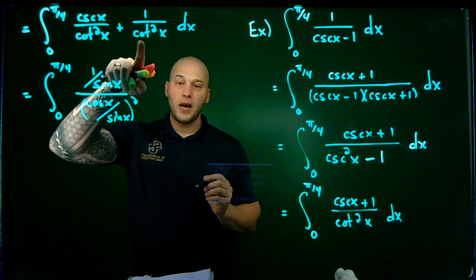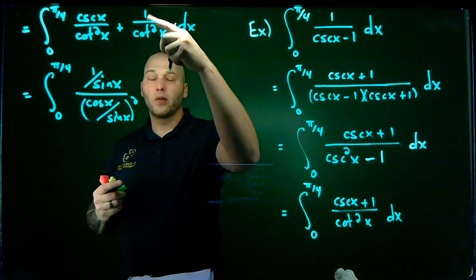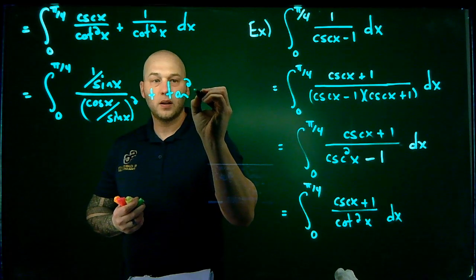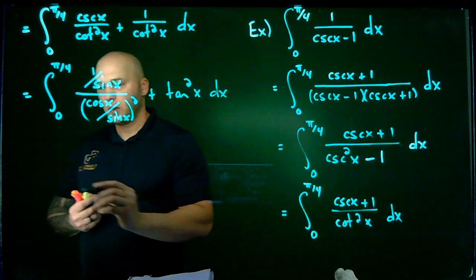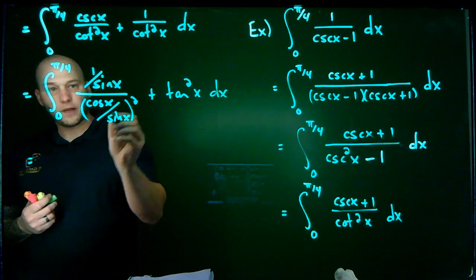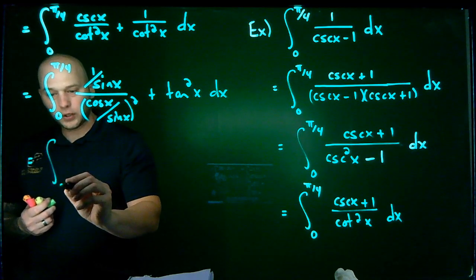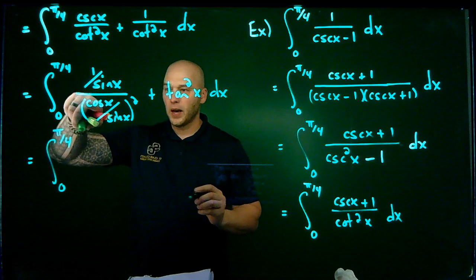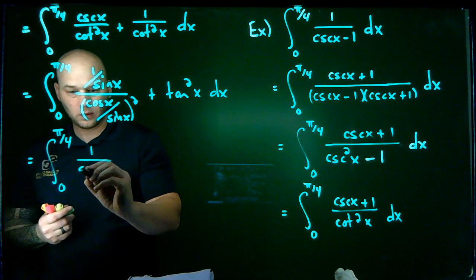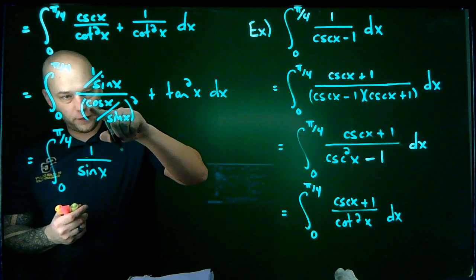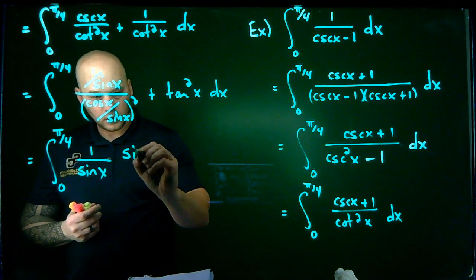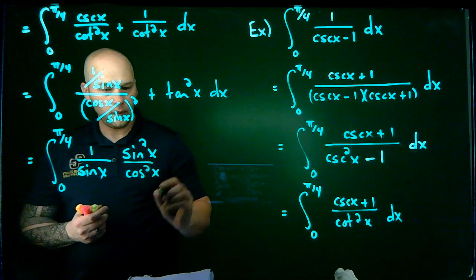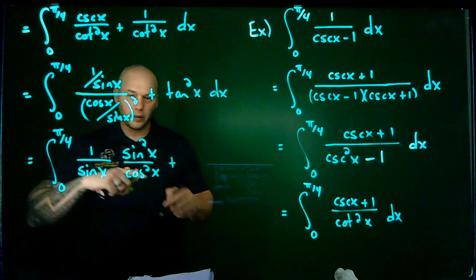Now 1 over cotangent squared is tan squared, so this is plus tan squared x dx, okay? And then, if I flip and multiply, this first term is going to give me 1 over sine, and I'm going to flip this, giving me sine squared over cosine squared. And so then we'll work that here in a moment.